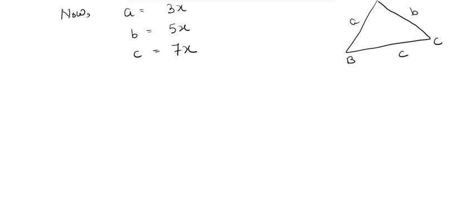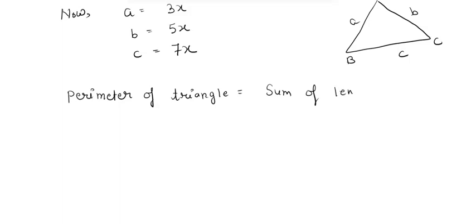So we know that perimeter of triangle is equal to sum of length of all sides.